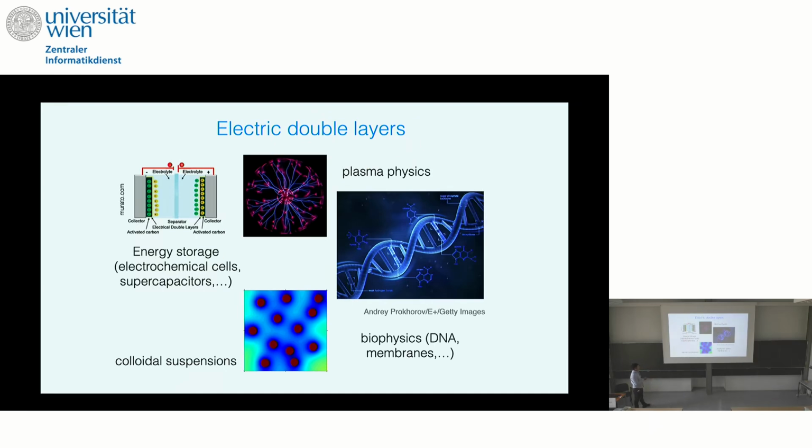These electric double layers have a myriad of applications. Think about energy storage, but also in plasma physics, electric double layers occur, in DNA, as we have seen, and also in colloidal suspensions.